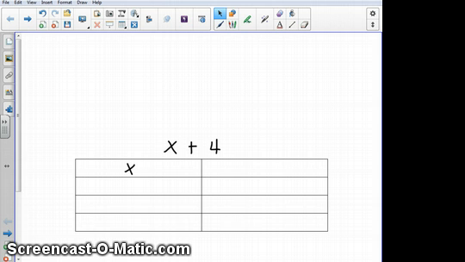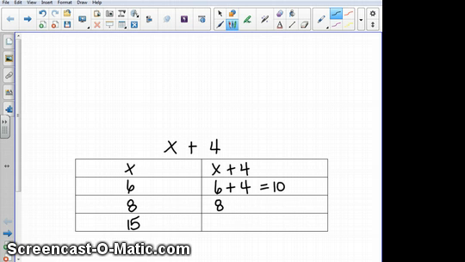Okay, let's say we have our expression X plus 4, and we were going to plug in 6, 8, and 15 for X into the expression x plus 4. So we're going to put 6 in place of x. And when we put 6 in place of x, we get 6 plus 4 equals 10.